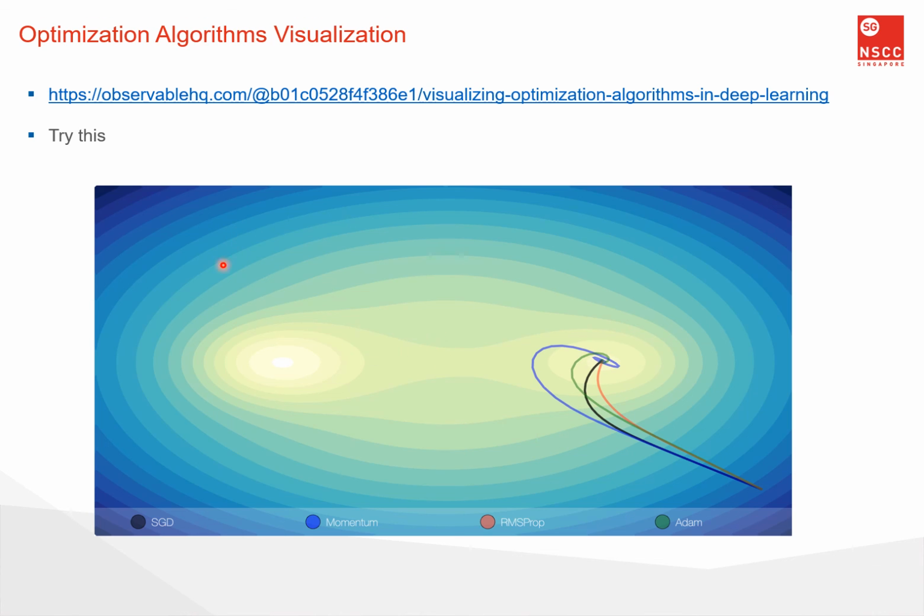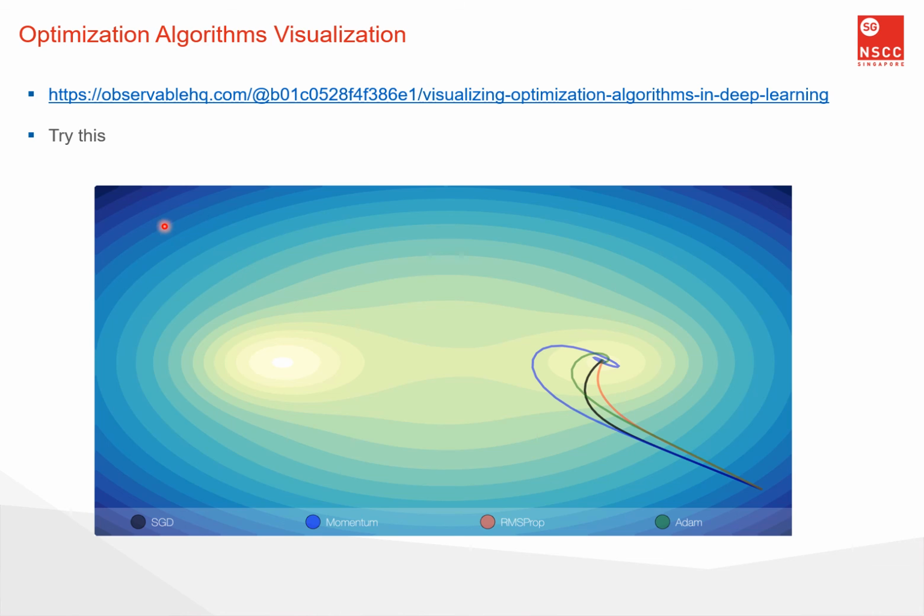So try this out. This is a very interesting visualization, and you try two things. One is to observe when you drop the starting point at different places, in the middle here or at the different corners, and observe the trajectories for each of the different algorithms. Given that there are two low points here, starting from the left side, the correct place to go would be to come here rather than to go over to the other side.